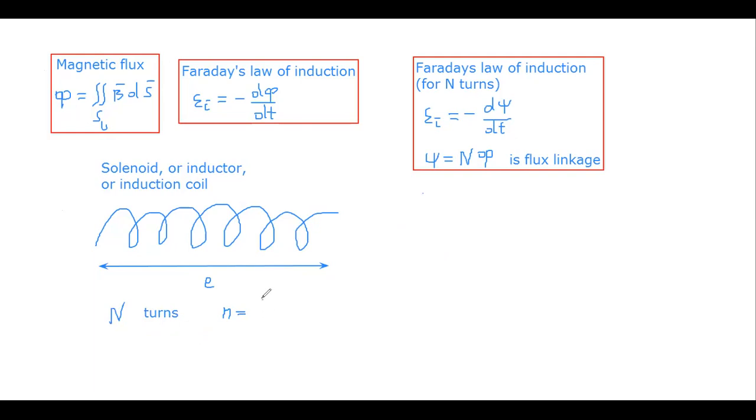The number of turns per unit of length is equal to n divided by L, and the magnetic field inside this inductor is equal to mu 0 n I, which is equal to mu 0 n divided by L, multiplied by electric current.